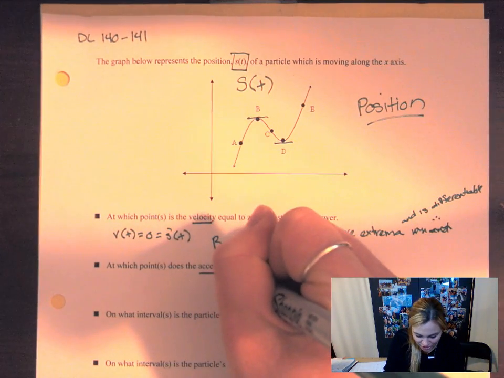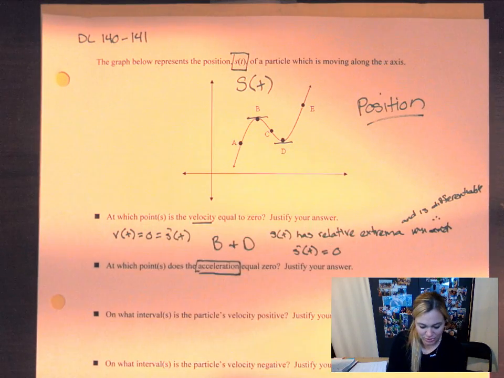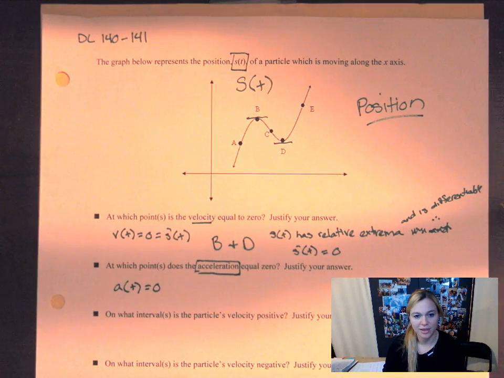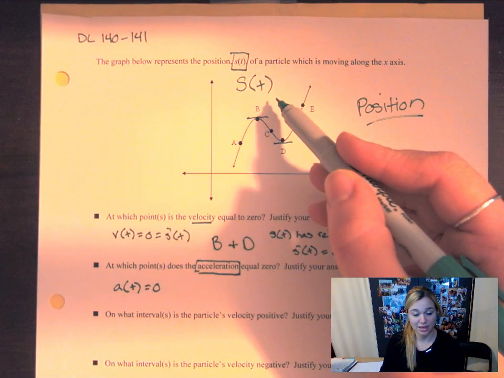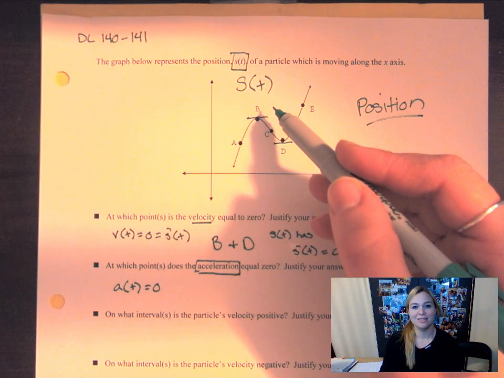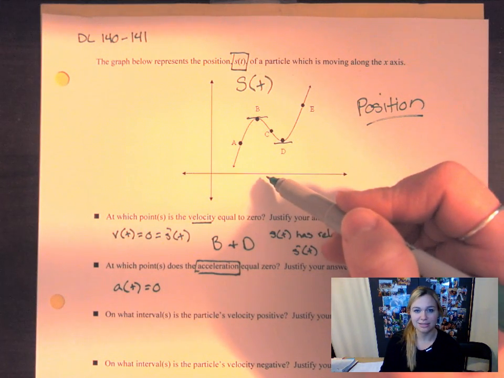Okay, this one's a little bit harder. When is acceleration equal to 0? So I'm going to write over on the side, acceleration equals 0. But we have a graph of s, the position function. How is acceleration related to position? The derivative of s would be s prime, also known as velocity. The derivative of velocity is acceleration.